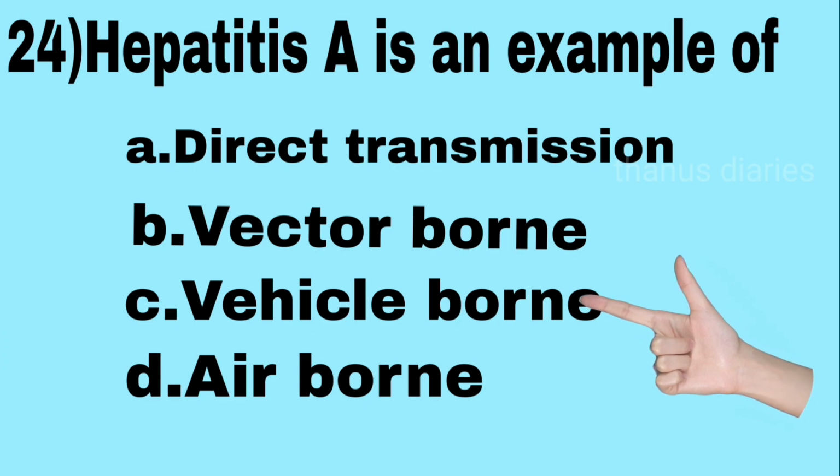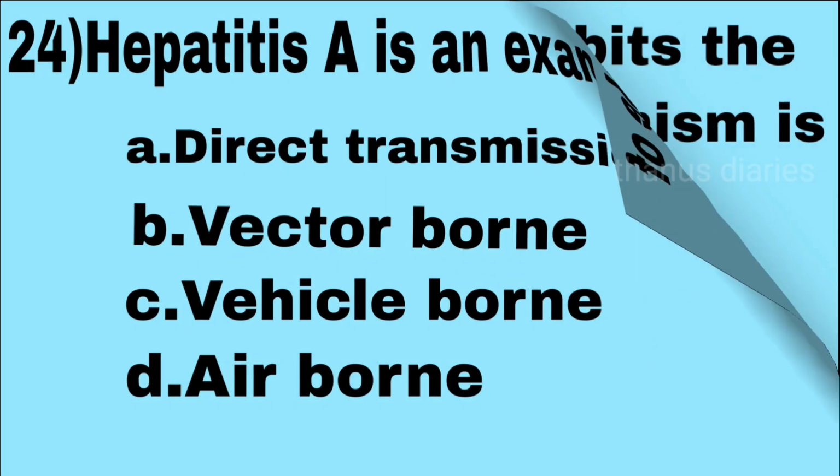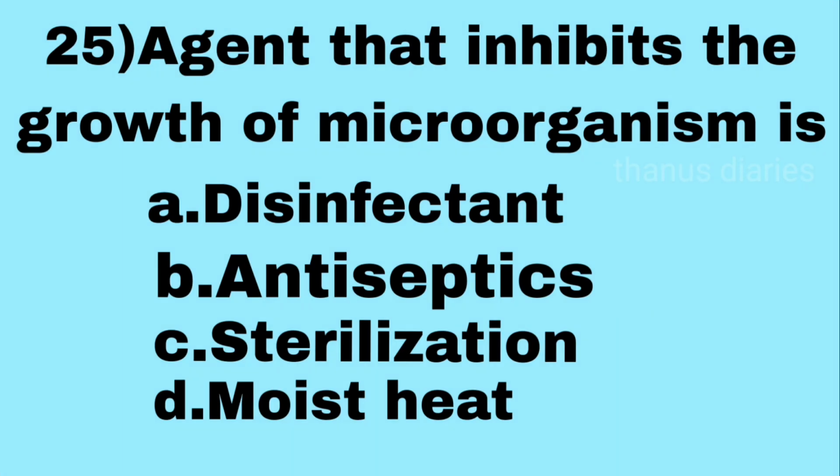Hepatitis A is a vehicle-borne infection, mainly through food. An agent that inhibits the growth of microorganisms is: disinfectant, antiseptics, sterilization, moist heat. The answer is antiseptics.